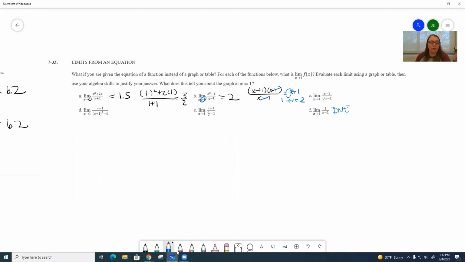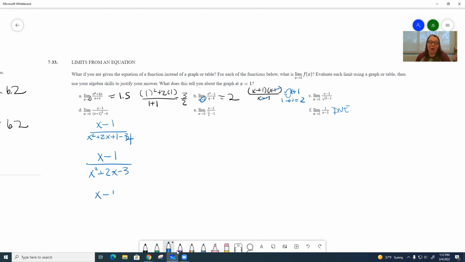For example, with this one, if I put 1 in, I'd have 1 plus 1 is 2, 2 squared is 4, and I would get a 0 on the denominator. If I were to expand this, I get plus 2x minus, whoops, this is a 4, sorry, minus 3.